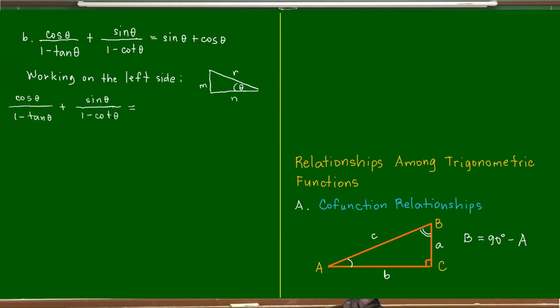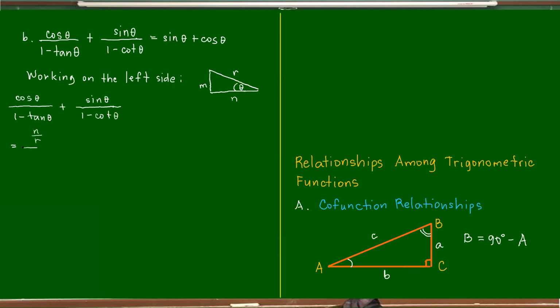So, from there, let me begin now here. What is cosine theta from the triangle, guys? N over r.